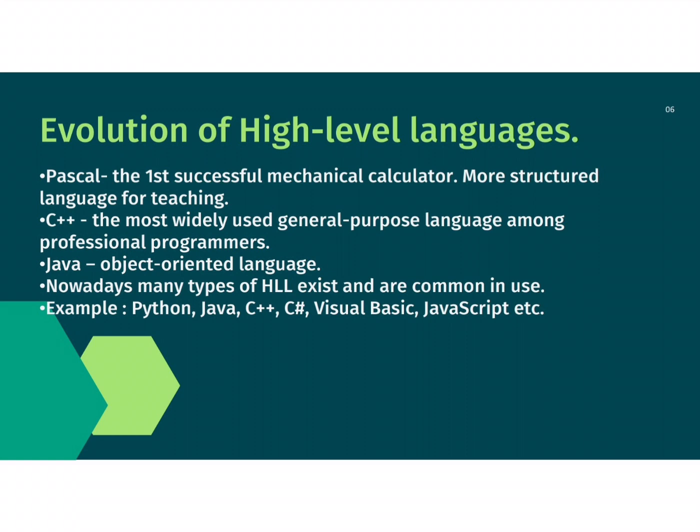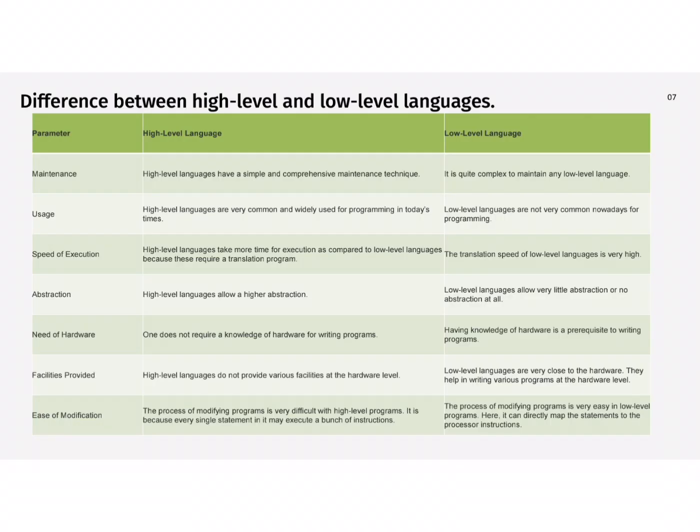And in the current days, C++ is the most widely used general purpose language, whereas Java is much more object-oriented. Yet the ones which I have mentioned above are not the only high-level languages. Python, C#, Visual Basic, JavaScript are also other examples of high-level languages which are common in use today.